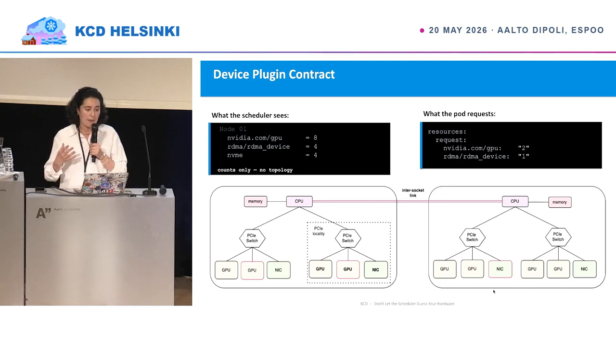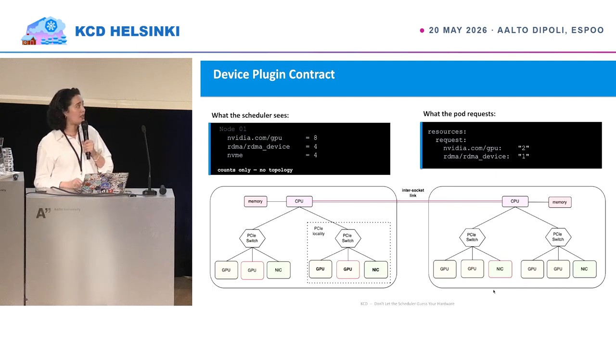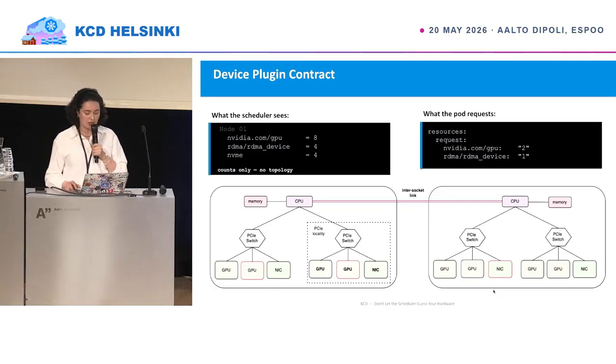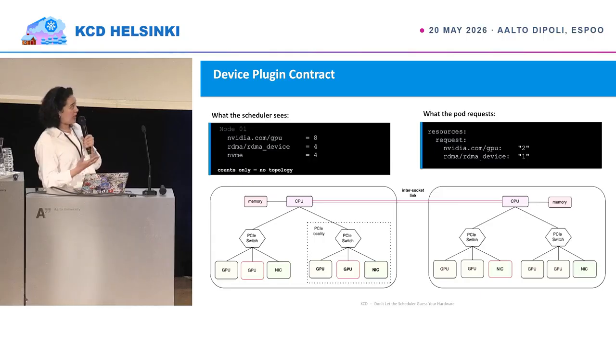Yet the Kubernetes scheduler still keeps scheduling workloads with no topology and no consideration of device collocation requirements. From the outside, this looks like a network issue, but in reality, it's a scheduling issue.